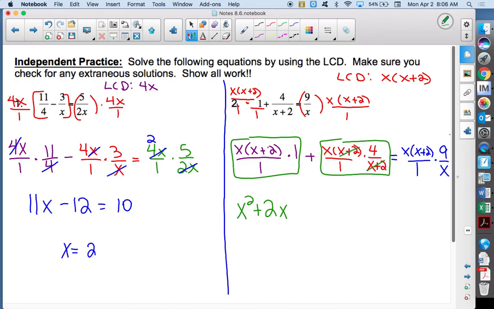Make sure you cancel out the terms that are in common, multiply whatever is left in the numerator. You should have nothing in the denominator because those pieces are canceling from the problem.